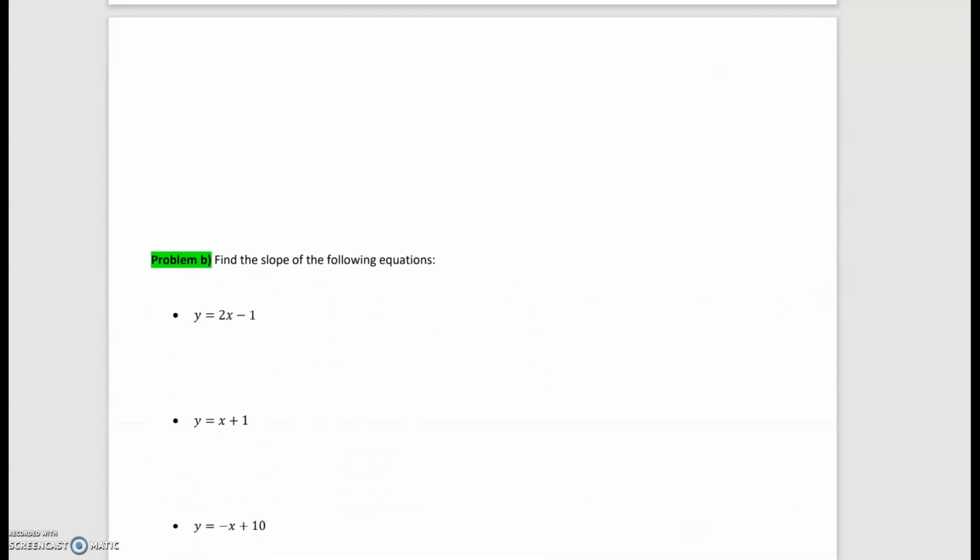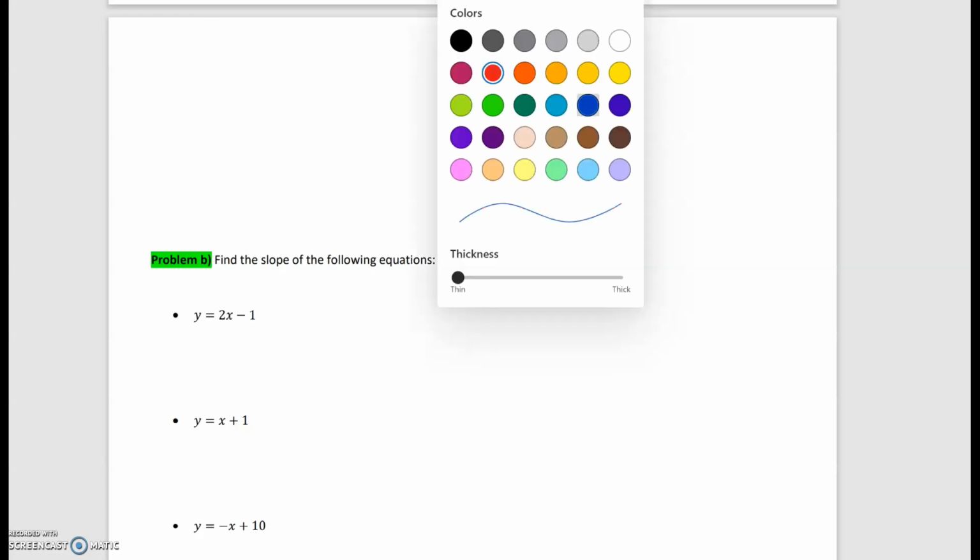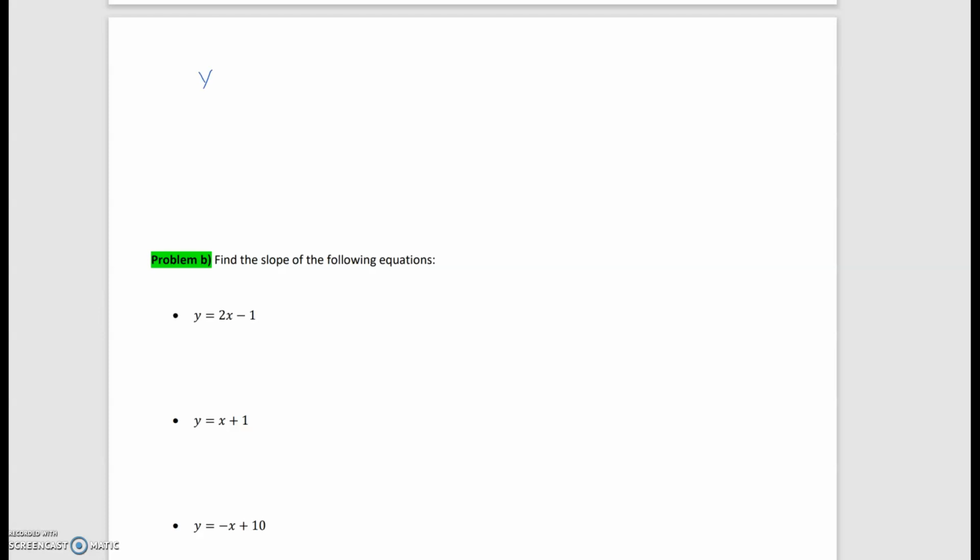We're going to take a look at problem B, and in this case, they're giving us equations. Let me write out here that if you have y is equal to mx plus b, m is equal to the slope. But it has to be in this format.